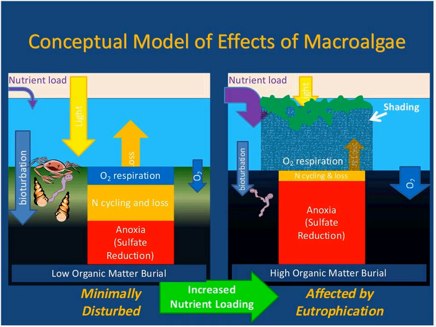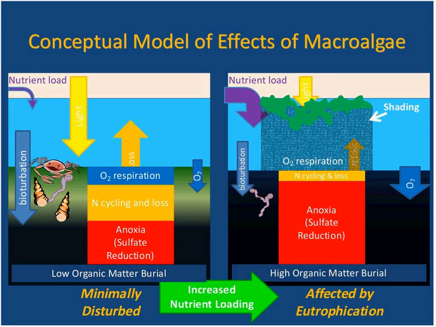Where nutrient loads are low, light penetrates all the way down to the benthos, the bottom of the estuary. This supports high photosynthesis, high amounts of oxygen in the sediment, nitrogen recycling, some loss due to denitrification, and a lot of bioturbation, with organisms that bring oxygen down into those healthy sediments.